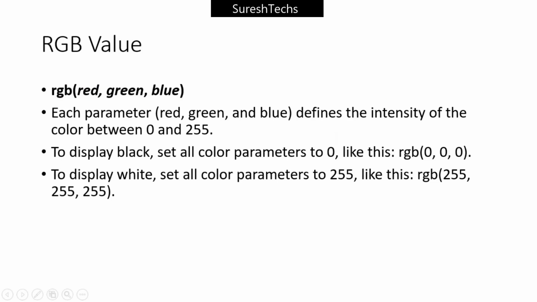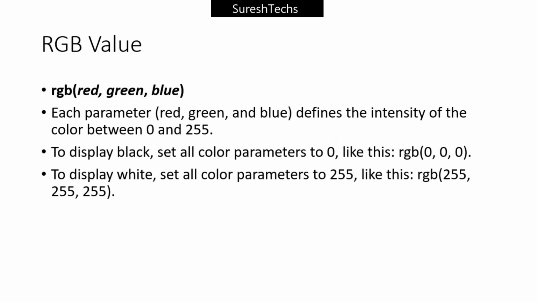These are all the predefined named colors, so you can use the names available there. Now there is another option called RGB. That means we can get different types of colors from the combination of red, green, and blue.